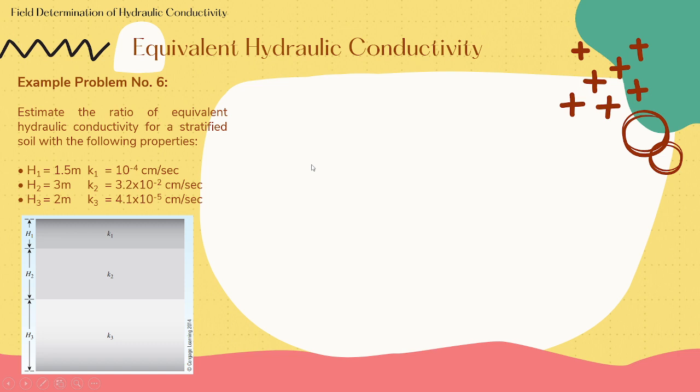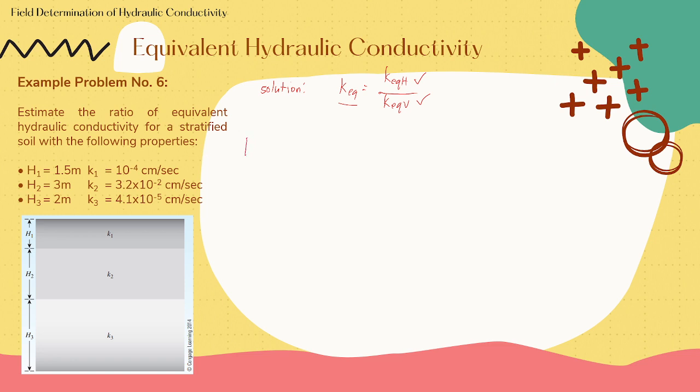In this problem, the equivalent hydraulic conductivity ratio is given by the equivalent horizontal all over the equivalent vertical. So in order to get this, we have to get these two.